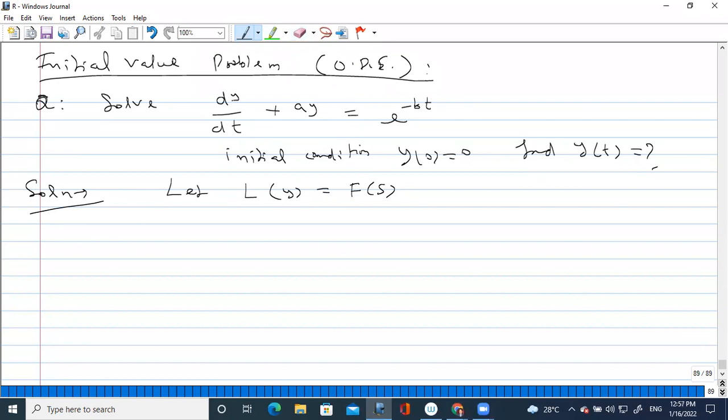Understood? The function is not f(t), the function is y. So the Laplace of y is, suppose, F(s), the same type I am taking. So taking Laplace of the complete equation 1.